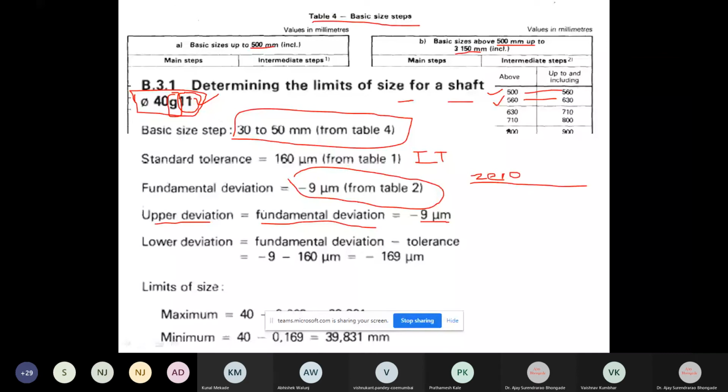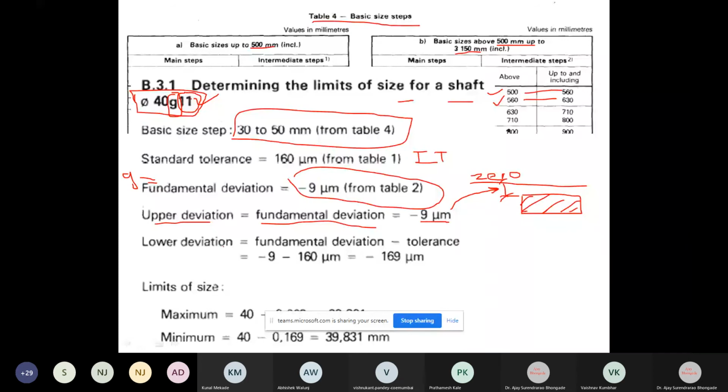They had already indicated G, and the value of fundamental deviation is minus 9. So I know that my tolerance patch for the shaft will be something like this, below the zero line.